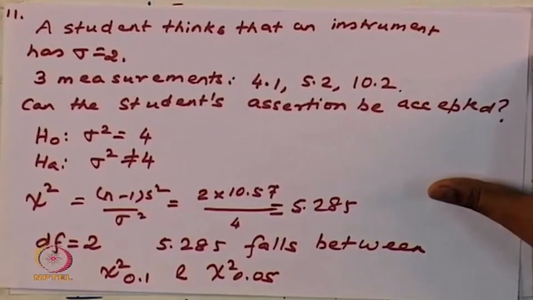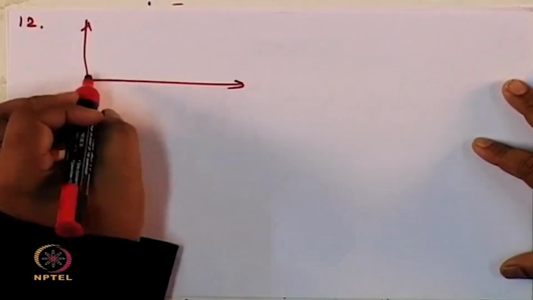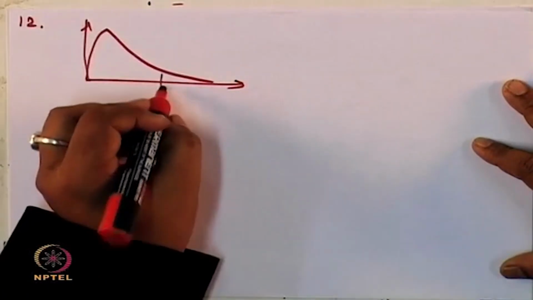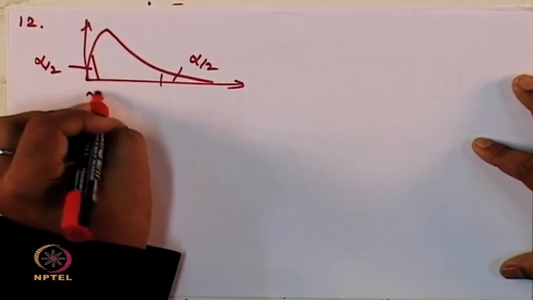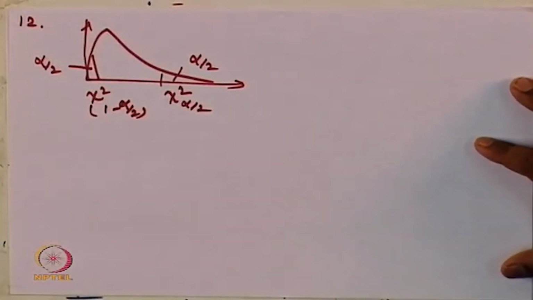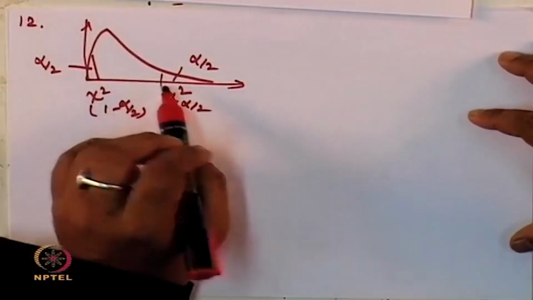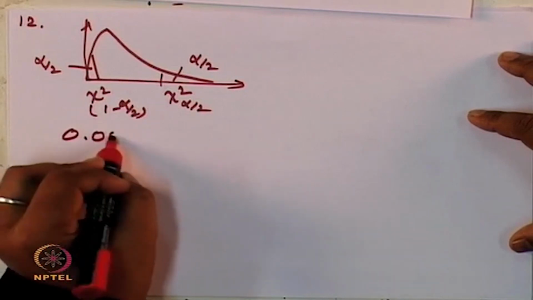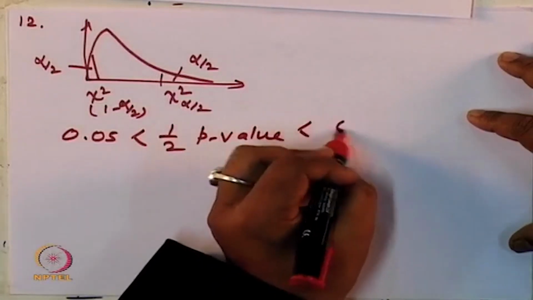Okay. Now, since it is a two-tail test, now remember for a two-tail test, this area is alpha by 2, this area is alpha by 2. Okay. So, chi square 1 minus alpha by 2 and chi square alpha by 2. Okay. So, I can say that this p value that I calculated, that 0.05 less than half of p value less than 0.1.